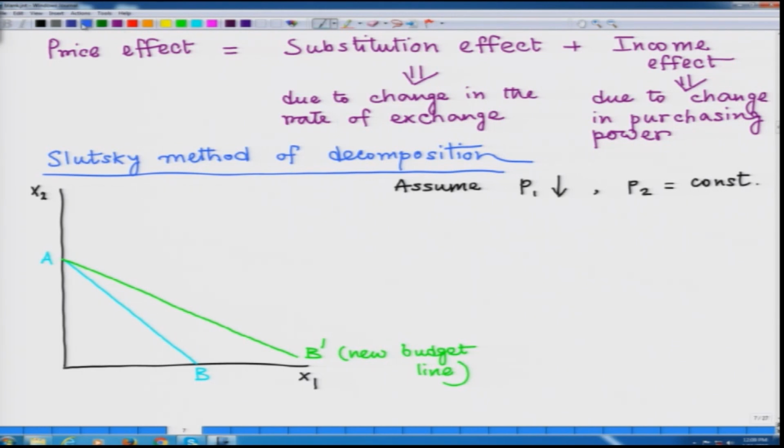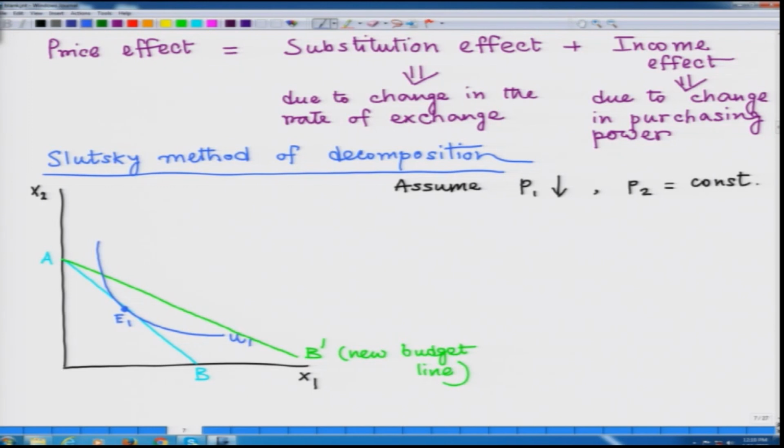Now, we will look at the consumer's equilibrium associated with two different price scenarios or budget lines. Let us superimpose the indifference map in this diagram. Initially the consumer achieved an equilibrium point, say E1, which is the tangency point between the initial budget line AB and the initial indifference curve, say U1.